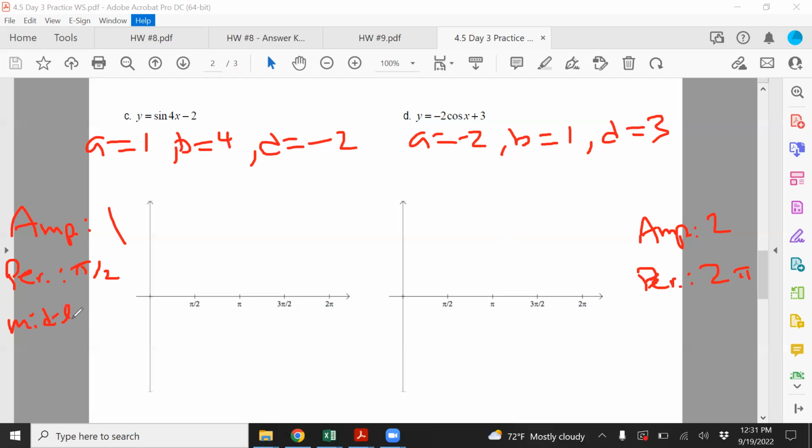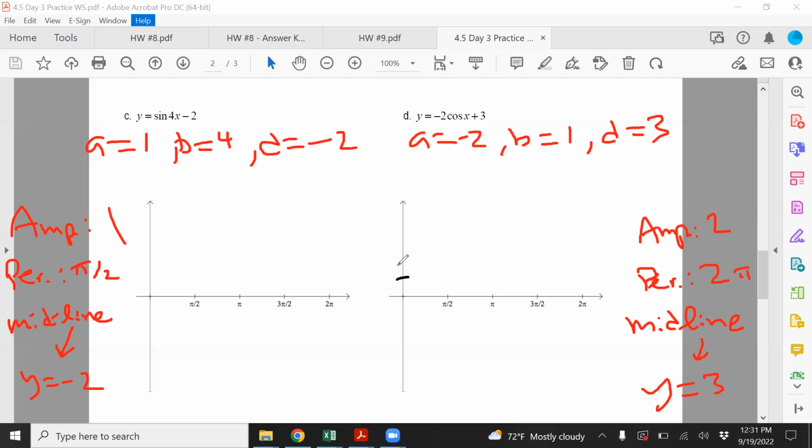Midline will be y equals -2. Will be y equals 3. So it's good to get the midline out of the way too. Let's go ahead and label.